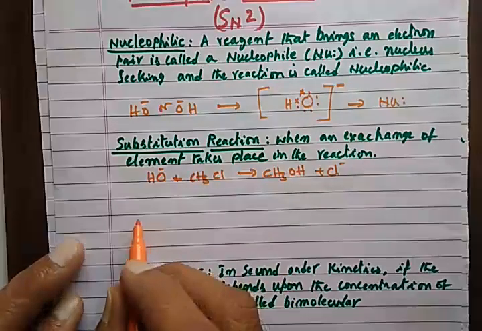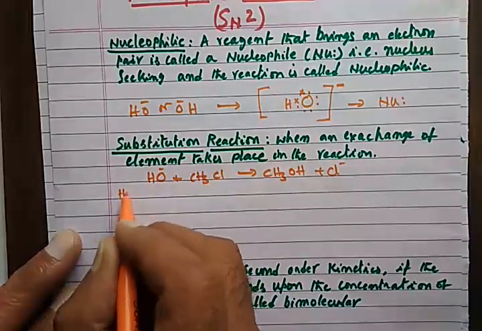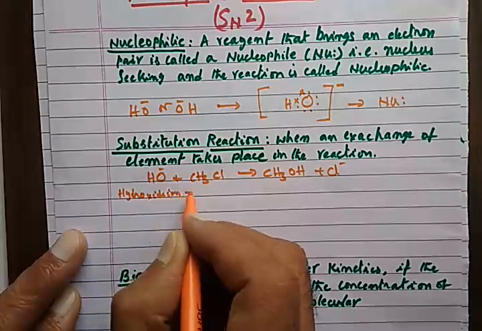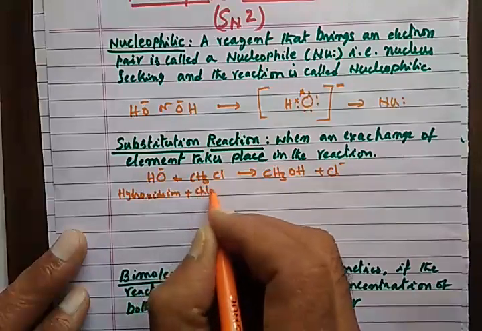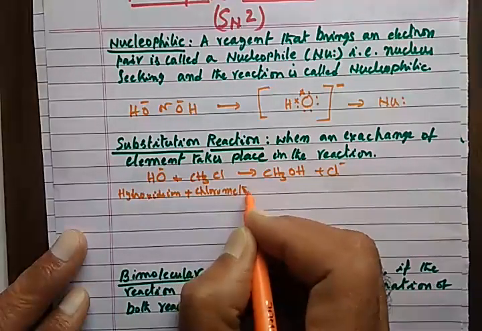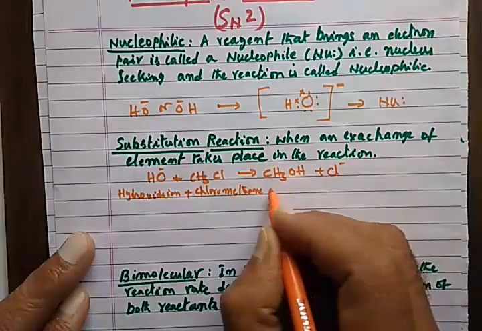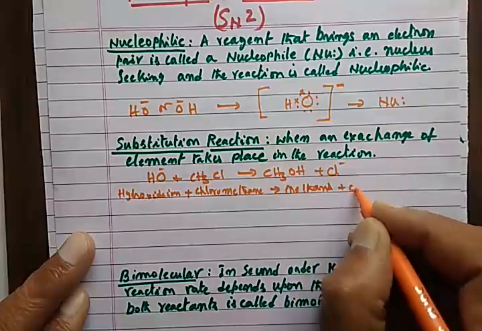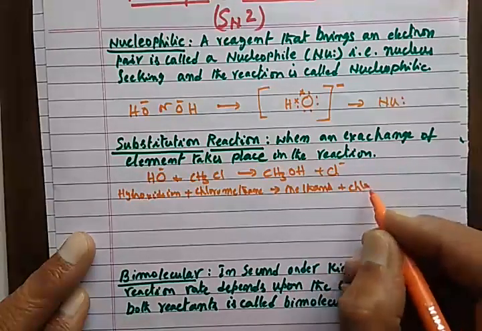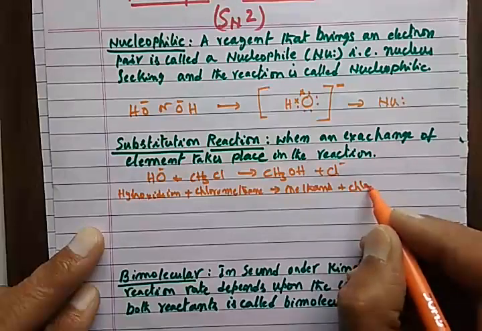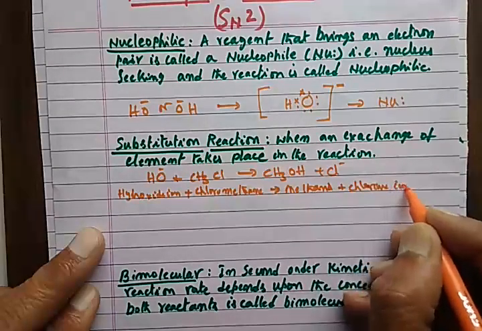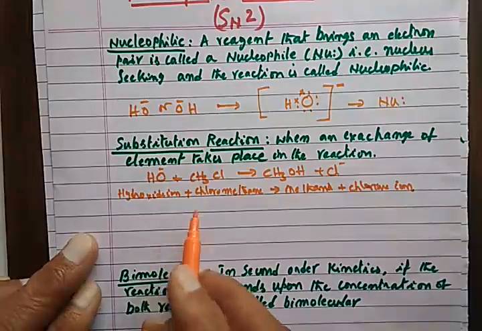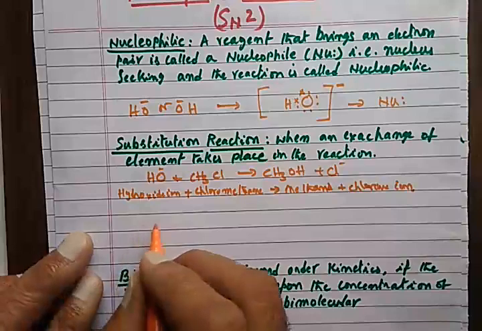So for your understanding I will write the details: hydroxide ion plus chloromethane gives methanol plus chlorine ion.